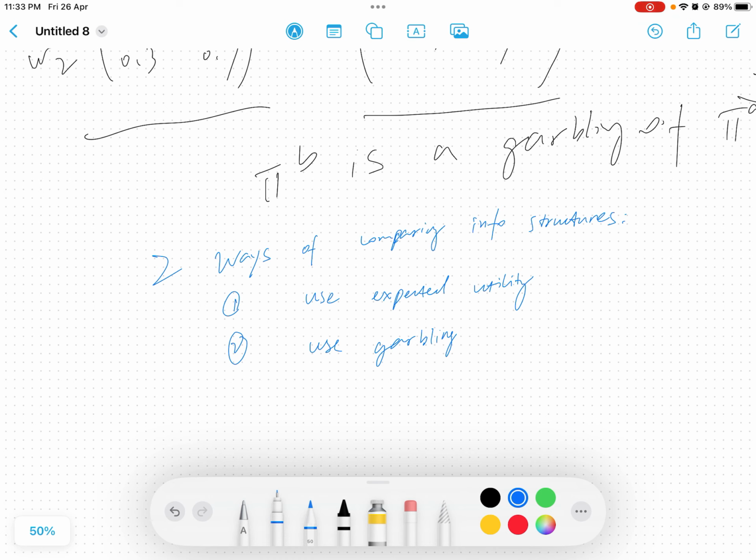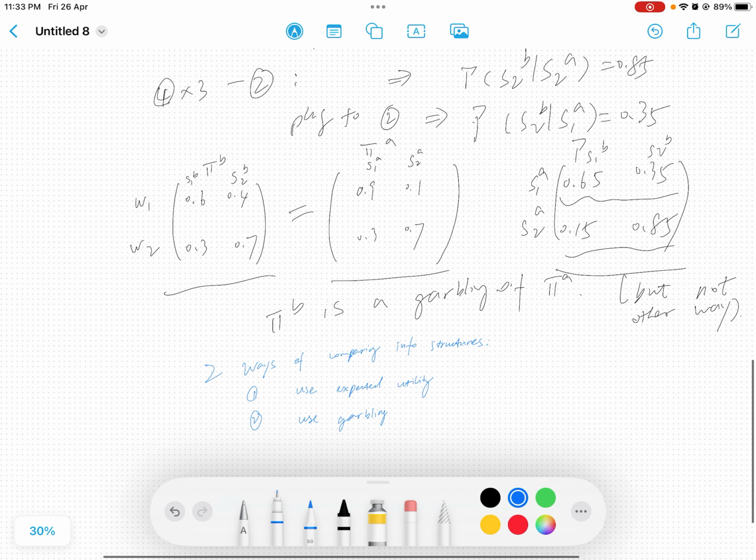Later, after that, then we can actually really show the Blackwell informativeness and its theorem and try to prove the equivalency, right? Okay, so that's pretty much about how we use this idea of the garbling to compare the informativeness between two different information structures or different signals.